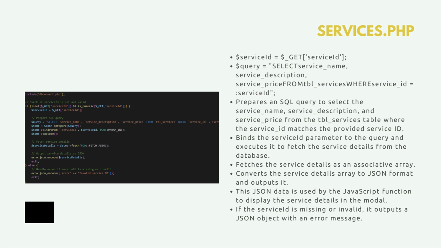We will prepare the SQL query to select the service name, service description, and service price from the table service, where the service ID matches the provided ID. It will also bind the parameter and fetch the service details as an associative array. For the output, it will convert the service details array to JSON format and output it. It will also do error handling for an invalid service ID. If the service ID is missing or invalid, it will output an error message.